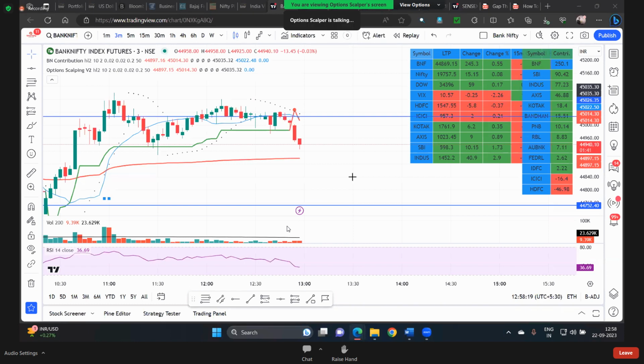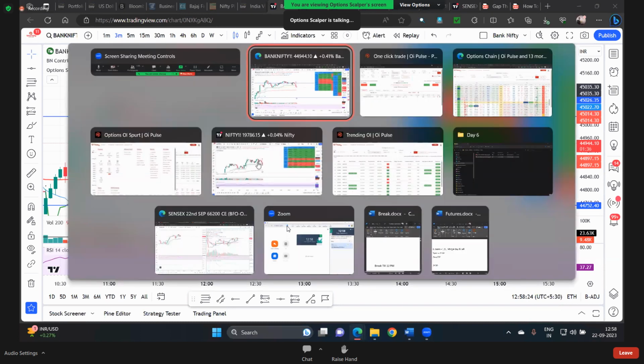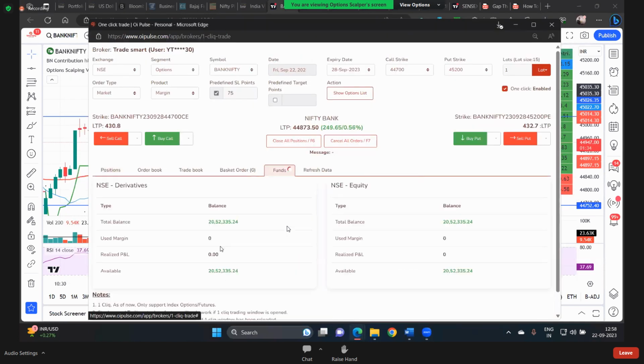Let us wait. So how much capital have we used now? 1.66 out of the 20 lakhs.